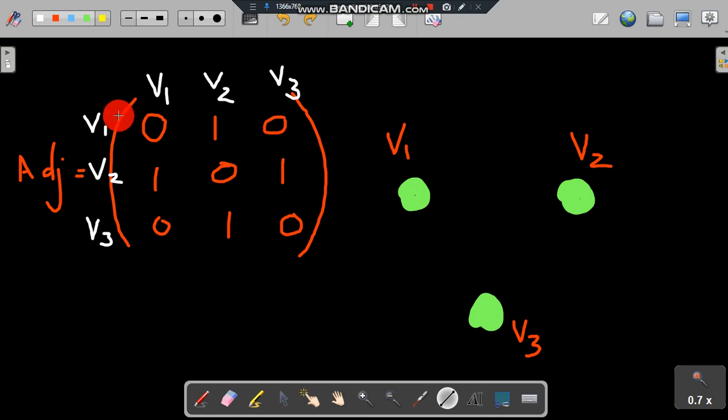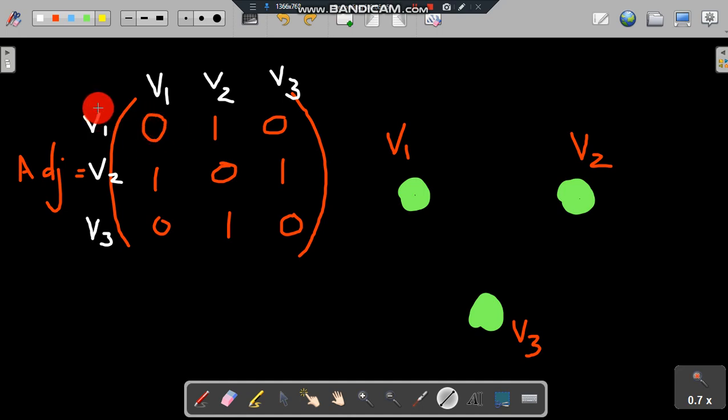Now look at this, V1 and V1, here 0 comes, so there is no adjacency between V1 and V1. V1 is itself, so there is no meaning for adjacency, but sometimes there may be a loop, and in that case we have to write 1 here. Here 0 comes.